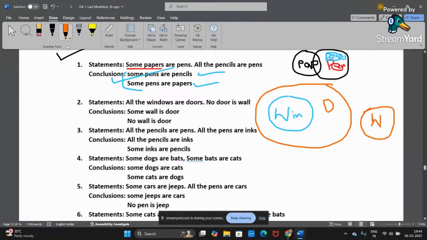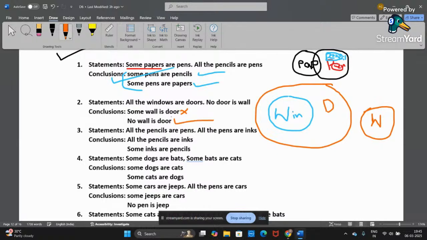Now let's find out the conclusion. Some wall is door. Is there anything common in this? No, this is separate and this is separate. So this conclusion is not satisfying. No wall is door. Yes, no wall is door. It is satisfying the conclusion.